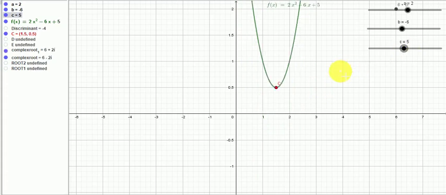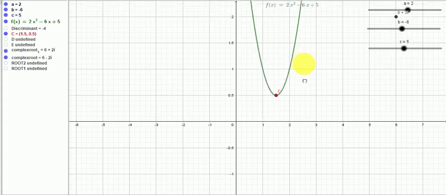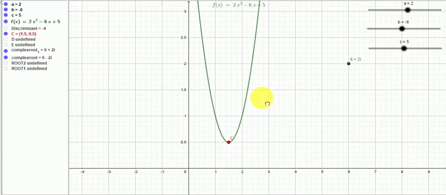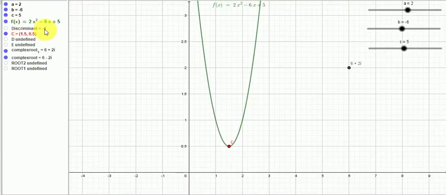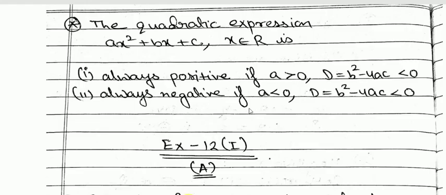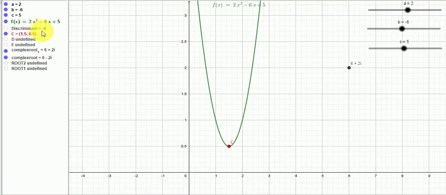What you observe over here is that the discriminant is less than 0, yes, and a is greater than 0, okay, 2 is greater than 0. So here 2 is greater than 0 and discriminant is less than 0.